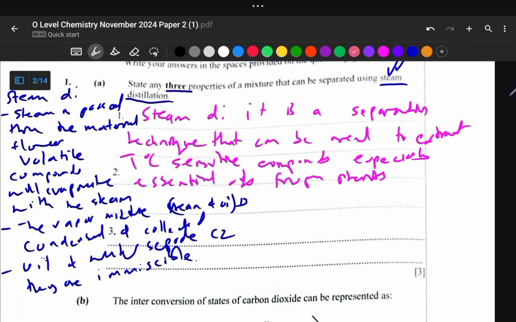So a question arises which says, what is the significance of steam distillation? Steam distillation allows distillation below 100 degrees Celsius, right?